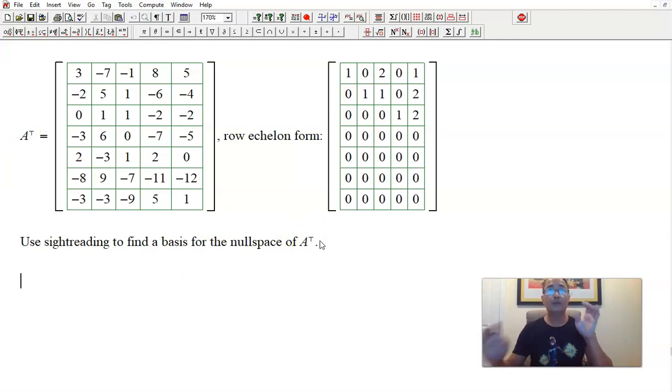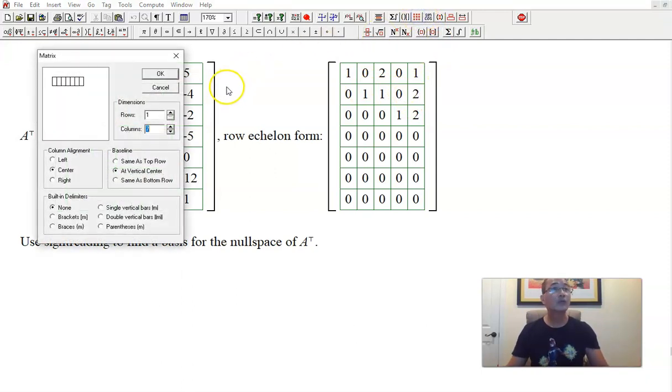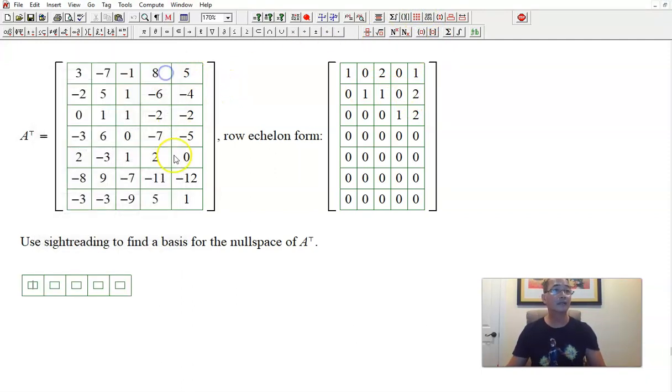Okay, so we will need 2 vectors because we have 2 free variables. Each vector is from R5 because there are 5 columns. So let's put 2 vectors from R5. Here's one. Here's another.